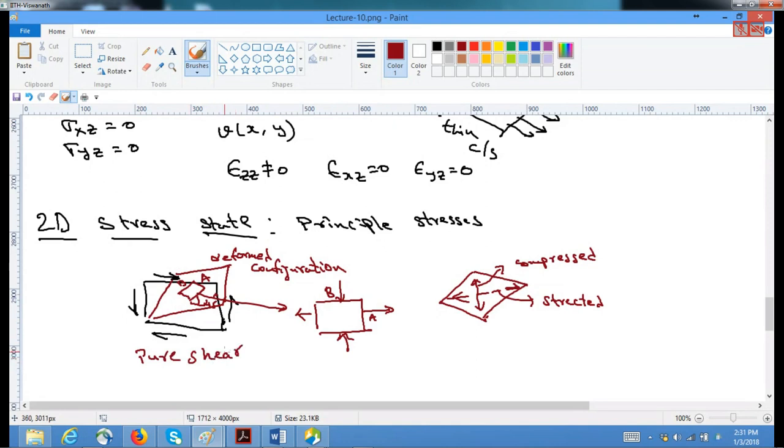That means any given stress state, when you transform it with respect to coordinates which are rotated by angle theta, will have different components.